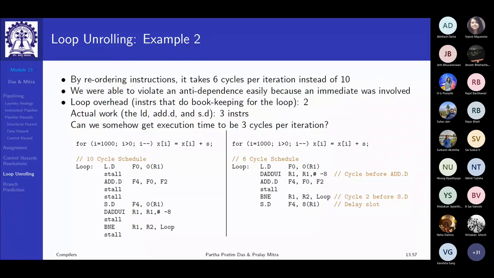I mean, it's not bad to be ambitious. So how do I get there? I'm just talking about the intuition. How do I get to the intuition that I have actual work of 3 instructions and my target is to have 3 cycles? The penalty that I'm getting here is the loop overhead, the 2 instructions.